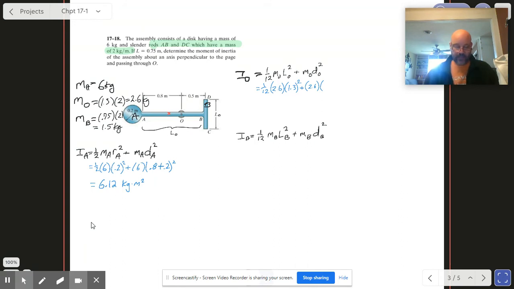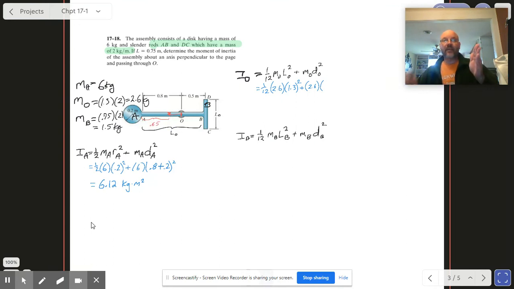So let's take a look at that. The offset distance in this case is from the point of rotation here over to the center of the rod, which is there. Now I know the rod is 1.3, which means from this end up to the center is half of that, which is 0.65.